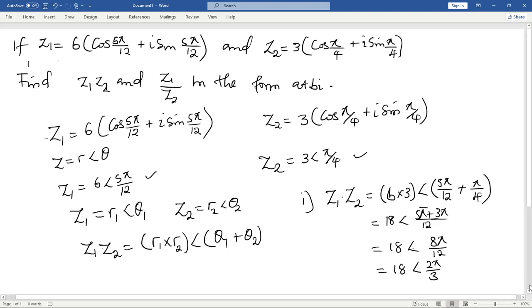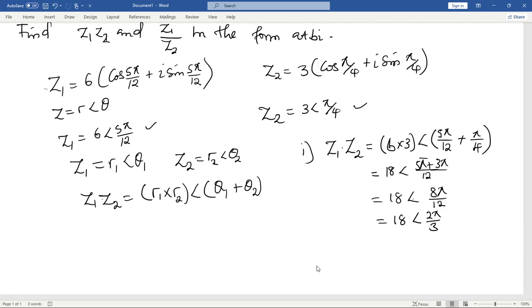Therefore, the value of z1 z2 is equal to 18, and the argument is simply 2π/3.